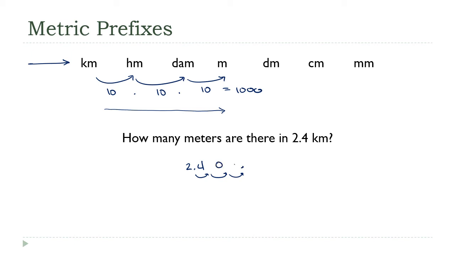And I'm going to fill in zeros in those blanks. And there's my answer. 2.4 kilometers is equal to 2,400 meters. Another way to look at it, if you don't have this list in front of you, is to think about relative size. Meters are smaller than kilometers. That means it takes a lot of meters to fill up a single kilometer, which tells me that my final answer has to be bigger than the original one.